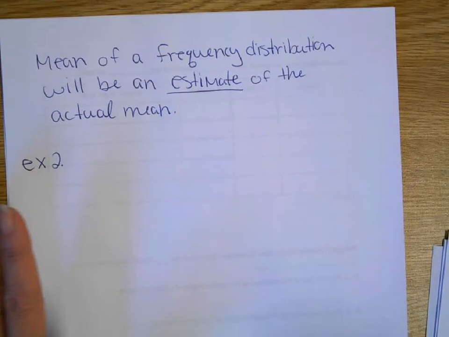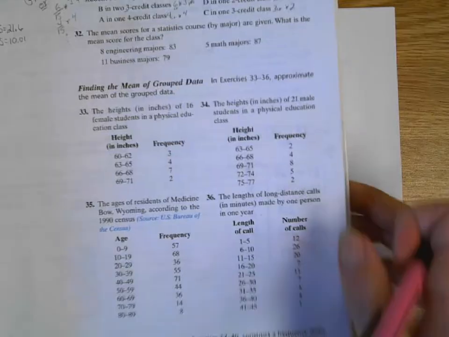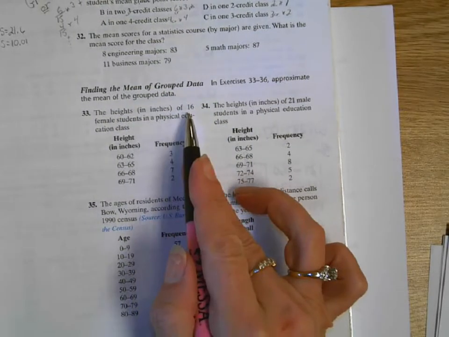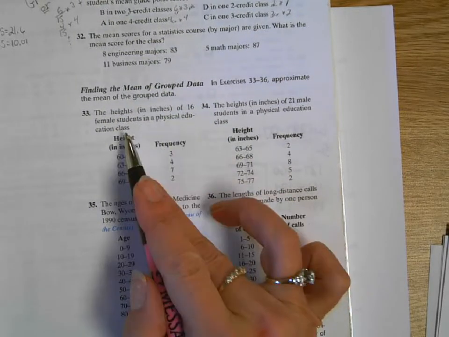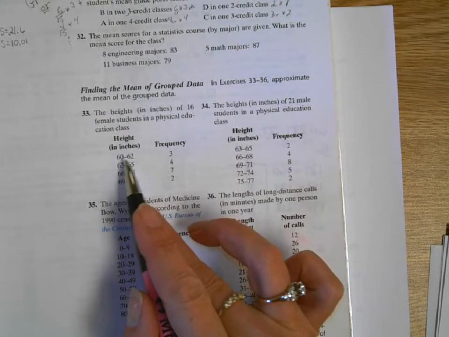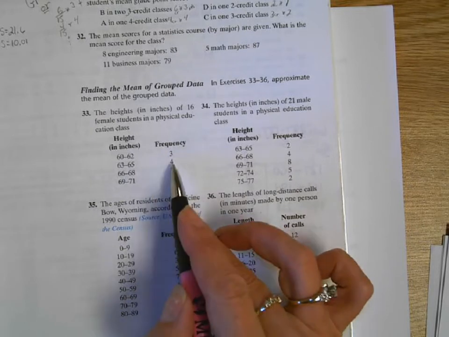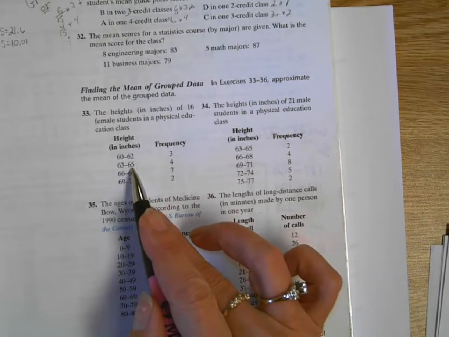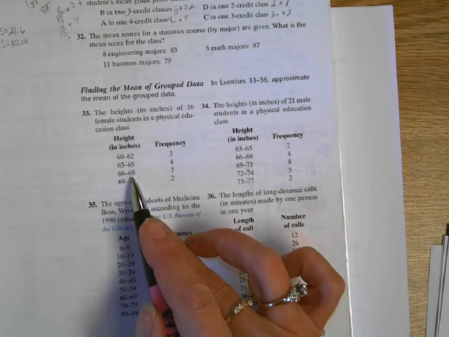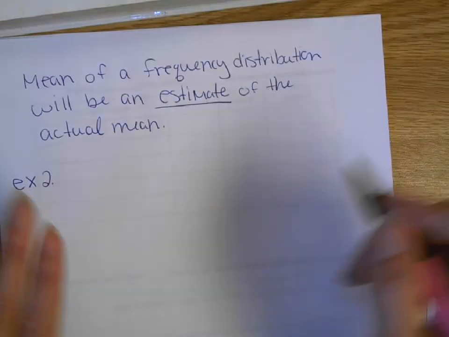So the example we're going to do is coming out of the book, where we are going to be looking at the heights in inches of 16 female students in a physical education class. And their frequency distribution, what they're showing us from 60 to 62 inches, there's 3 girls in that range, 4 girls in the 63 to 65, 7 girls in the 66 to 68, and 2 girls in the 69 to 71. So, we're going to copy that down real quick.